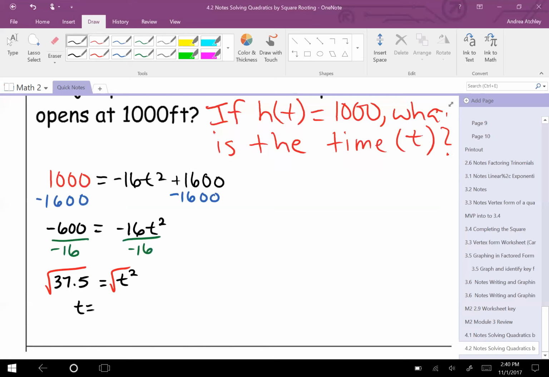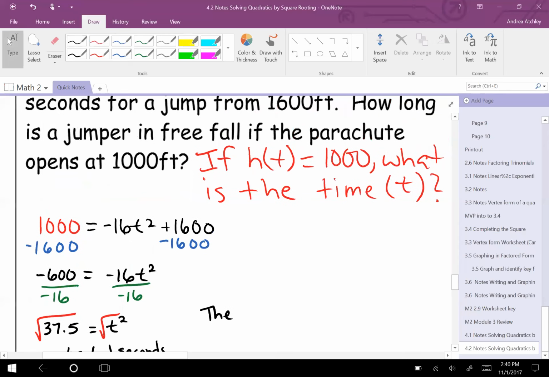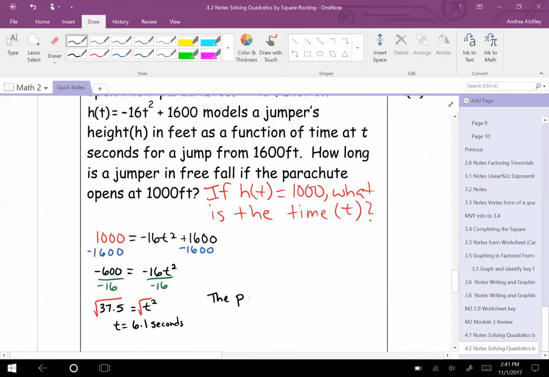And so the approximate value is 6.1 seconds. So the parachute opens at 6.1 seconds.